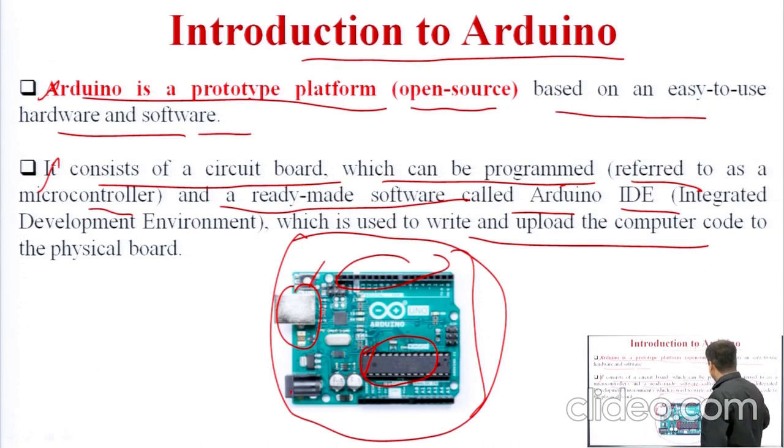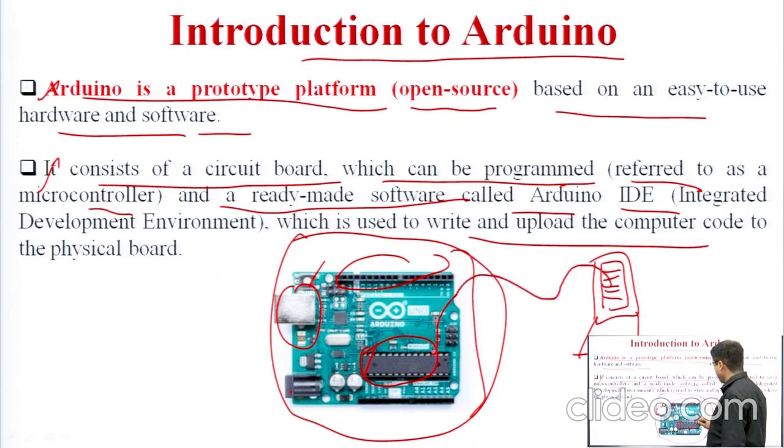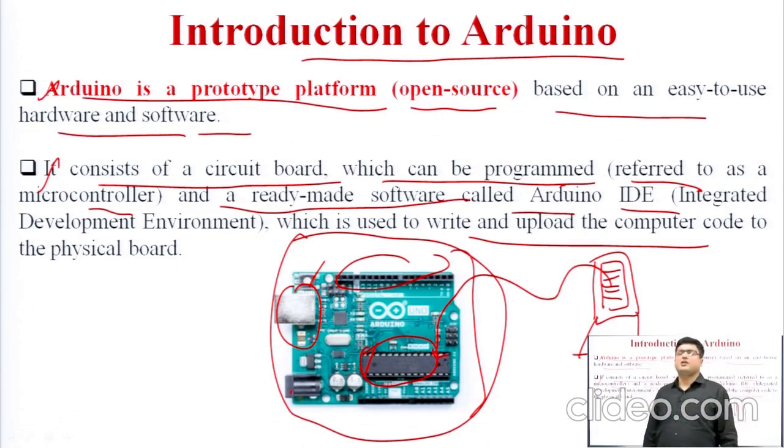So, in a computer, if we are using IDE, you can write a program in the IDE. After writing, you can burn this computer code into the processor, into the chip of the Arduino board, and this Arduino board after programming can be used for any project. So, it is like an 8051 microcontroller.